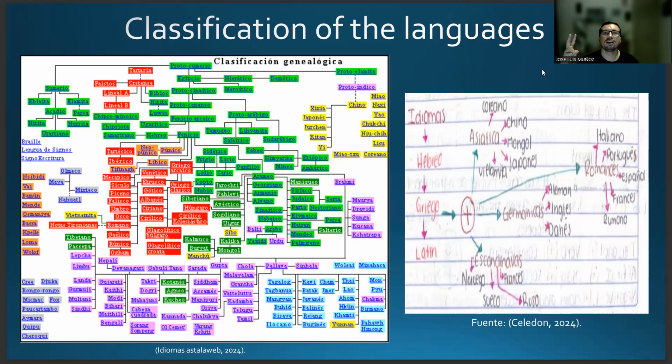The second one is the English language. American English is more useful than British English, in my opinion, because we are near the United States of America and Canada, whose English accents are very similar.